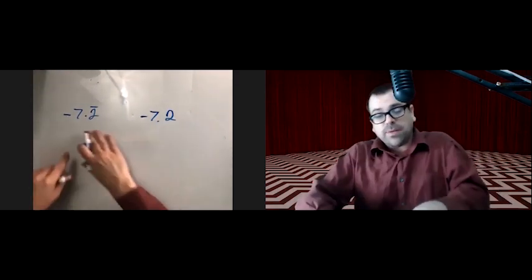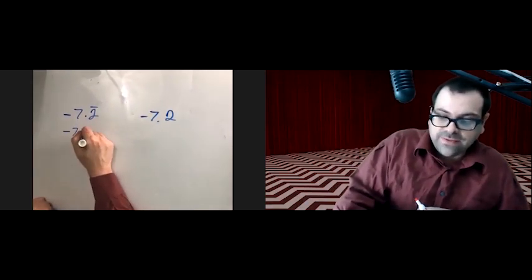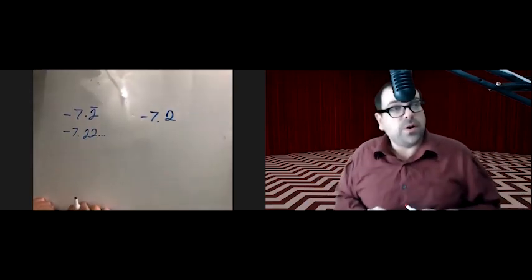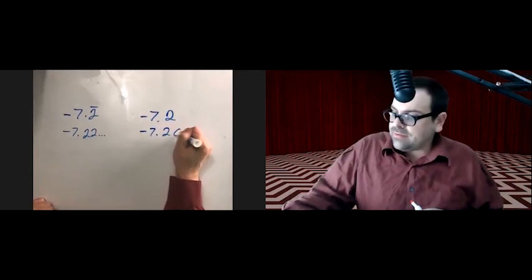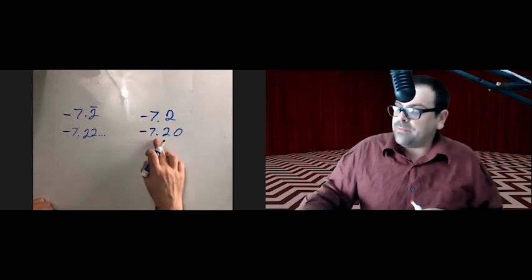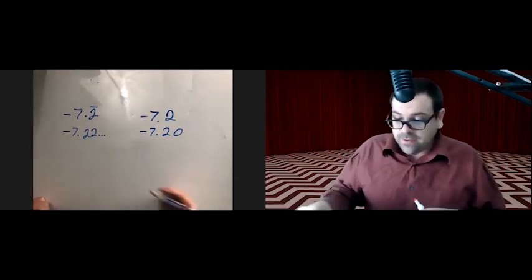So our next one, we're going to compare negative 7.2 repeating, which is negative 7.22 and so on. And here, this is negative 7.20.